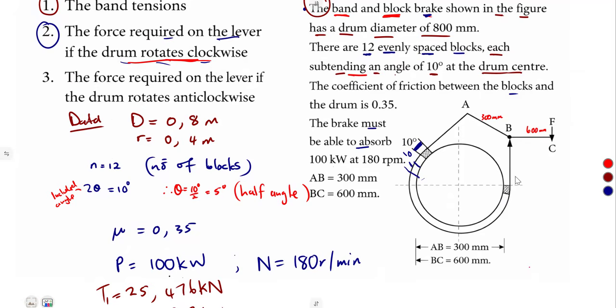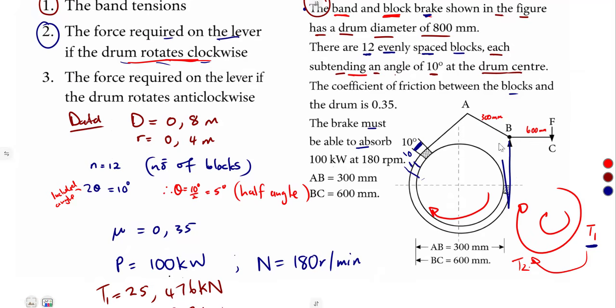Clockwise, how the clock moves. So meaning to say we are moving from T1 going to T2. So T1 is the one that we are going to have on the right side. So T1 is the one that is passing through the fulcrum at B.